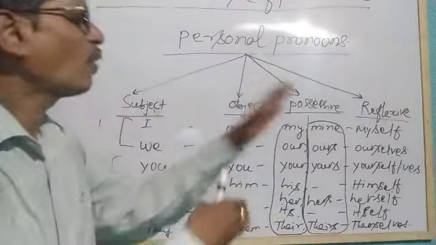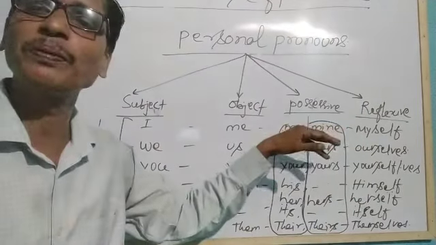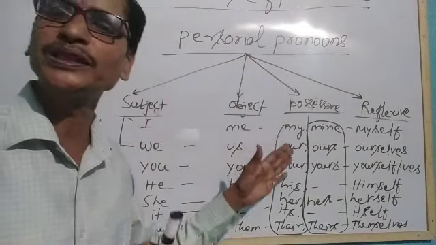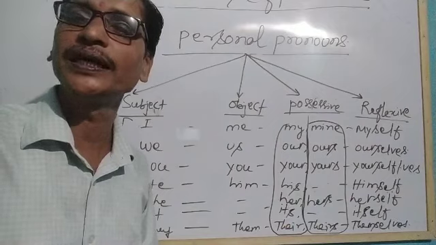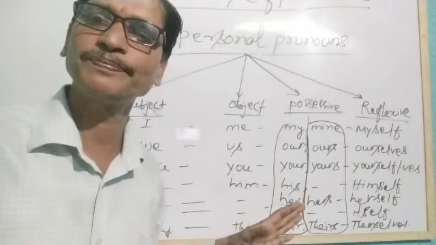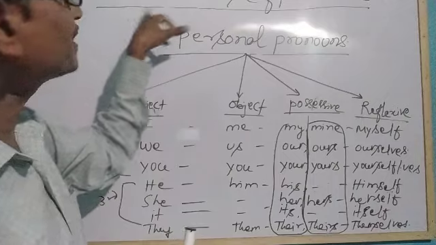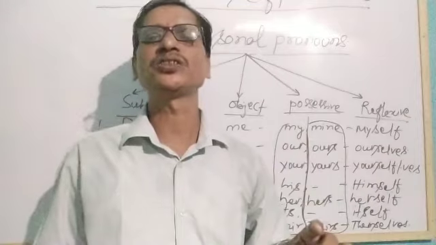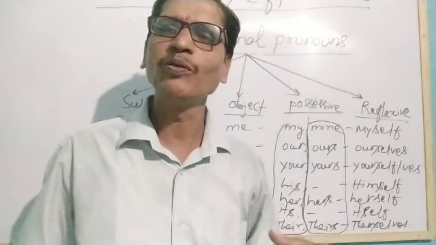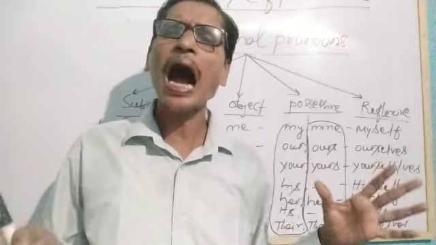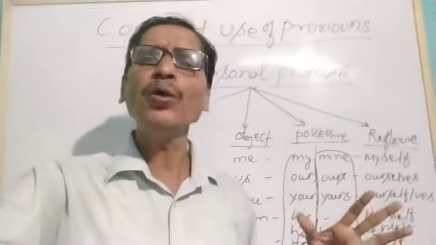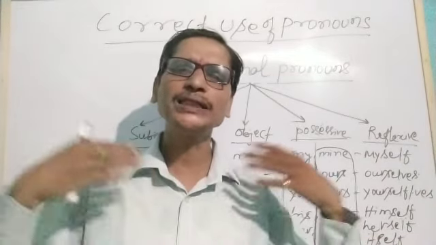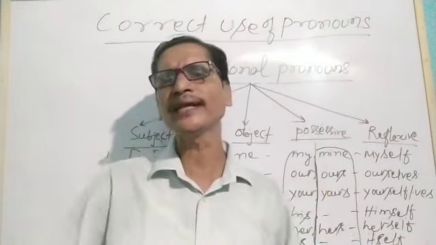We also understood that the possessive cases of personal pronouns have been grouped under two: one functioning as a possessive adjective, another functioning as simply a possessive pronoun. Okay. And as far as the correct use of pronouns, there are a lot of rules and instructions. We will discuss them one by one and we will clearly understand how we can use pronouns correctly in our statements, our speeches, our expressions, and our writing.